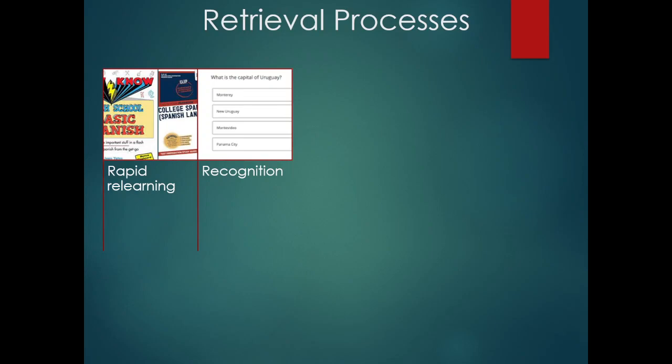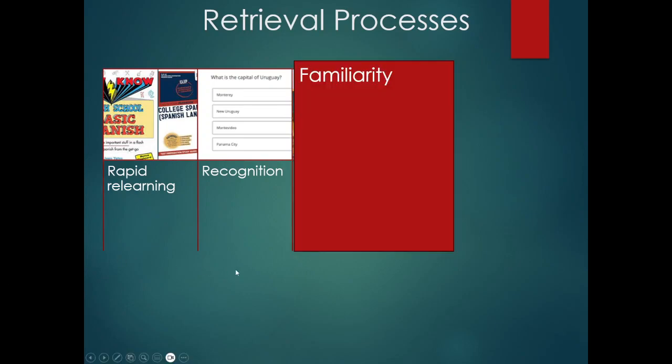I would hope you'd know your capital if you're from Uruguay. So, recognition gives you the correct answer plus some distractors. And we want to see whether you can correctly recognize the answer among those distractors. So the correct answer is Montevideo, by the way, in case you don't know your Uruguayan capitals.